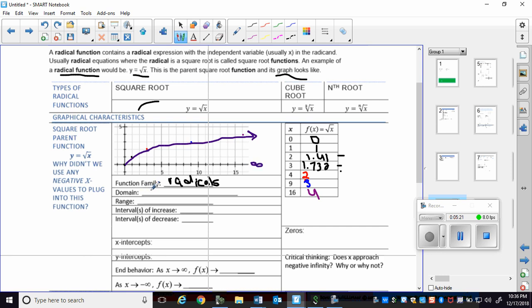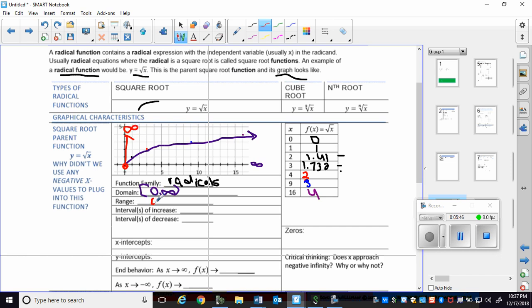So for a domain, she starts at 0, this graph here, and she moves towards positive infinity. 0 is on the curve, so I put a hard square bracket there and a parenthesis here. Now for your range, starts at 0, moves up, keeps going towards positive infinity.